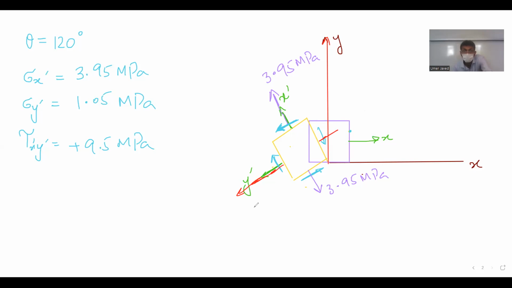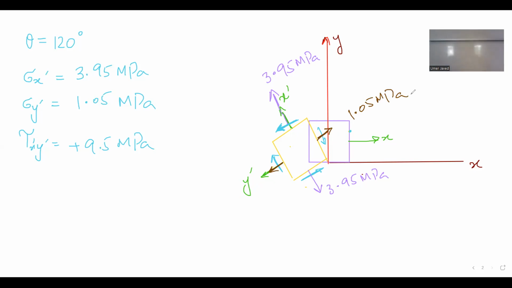And again, red color is confusing because the axis is red. And this value is 1.05 megapascal.